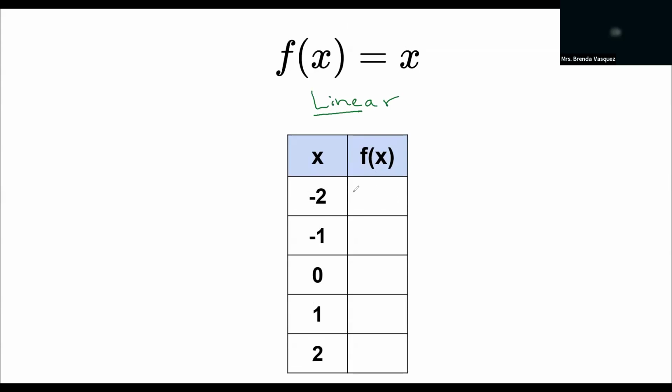At -2, what is my f of x? It's -2. At -1 it's -1. At 0 it's 0. At 1 it's 1. And at 2 it's 2. It's basically reflecting the same x value to the y value. So this one's a linear function.